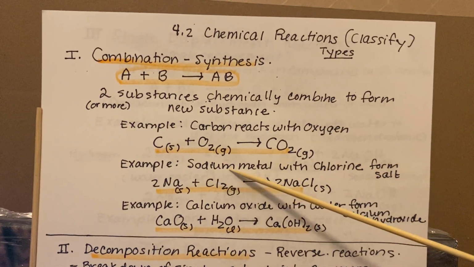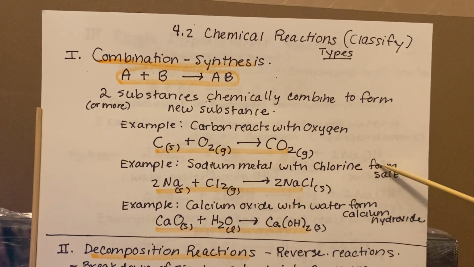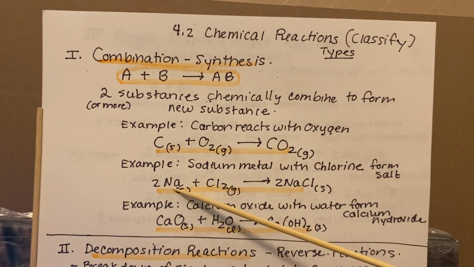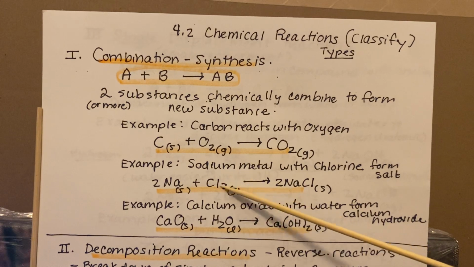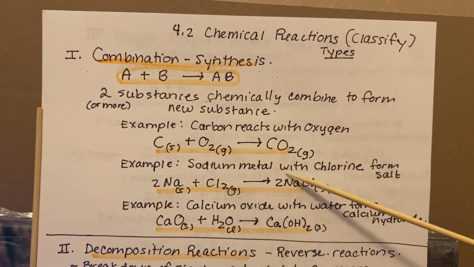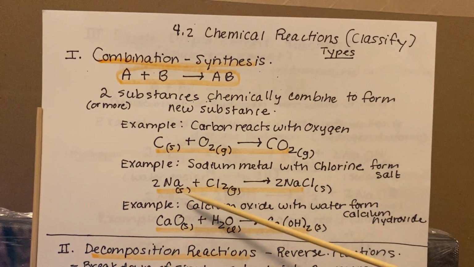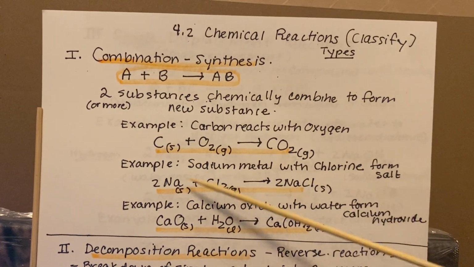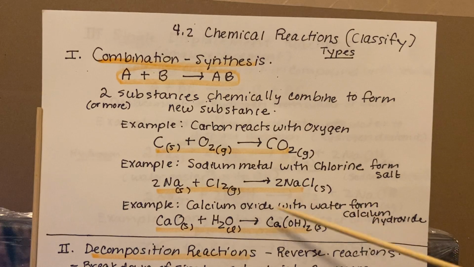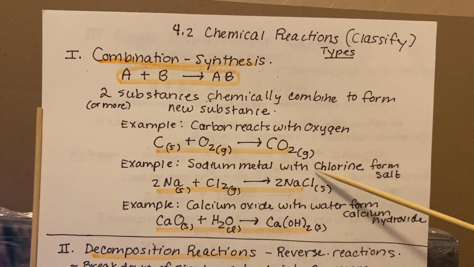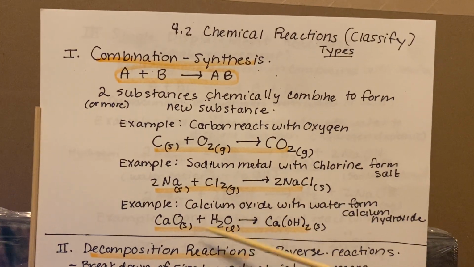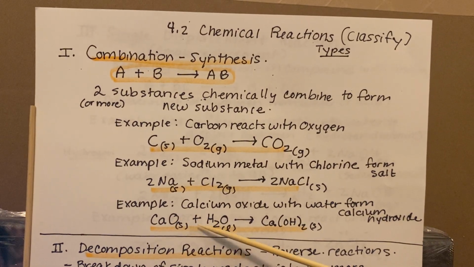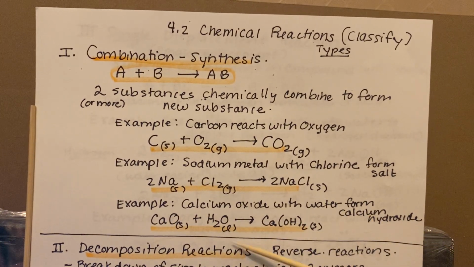Another example would be sodium metal with chlorine to form salt. So you have sodium metal here, and with the chlorine, these 2 react, and they form salt. See, 2 react to form a new compound, 2 elements forming a compound, or two forming 1. This one here, you have calcium oxide with water to form calcium hydroxide.